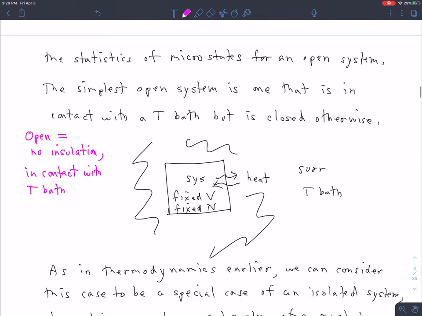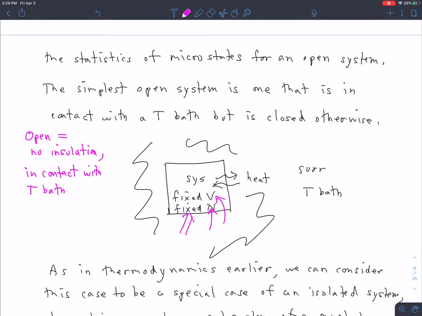All right. So what are we going to do? We're going to consider a particular type of open system. There are many different kinds of open systems, but we're going to consider the simplest possible open system to begin with. And that's a system of some kind that's only open in one way. It still doesn't allow exchange of molecules, so the walls are still impermeable.